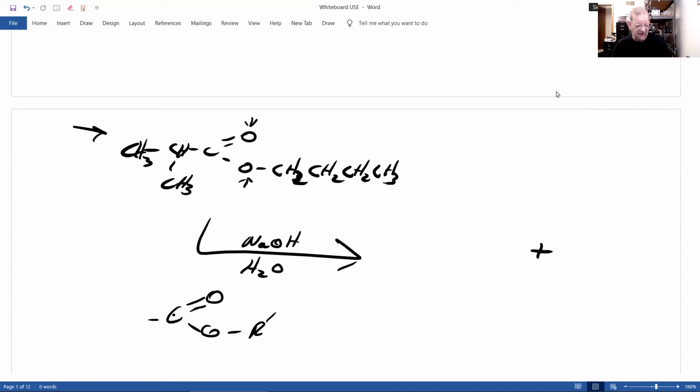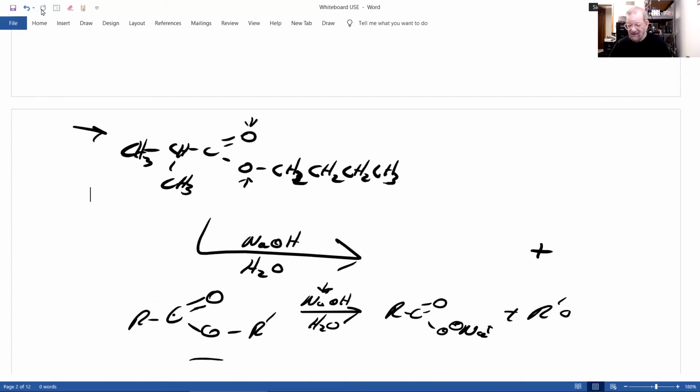The carbonyl carbon has carbons, I'll call that R. And when I react that with sodium hydroxide and water, what do I get? The carboxylate anion of the carboxylic acid I would have used to make this ester. Why? Because you're in base. Next, I'll also get the alcohol I would have used to make that ester.